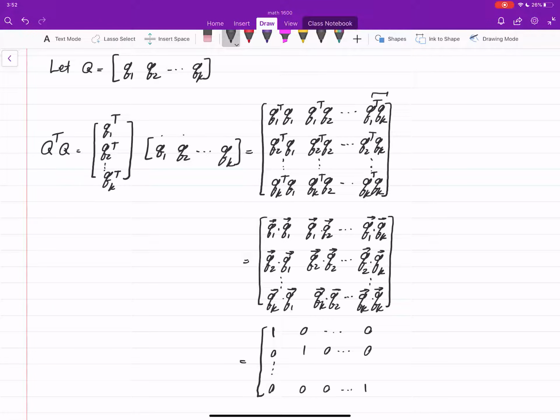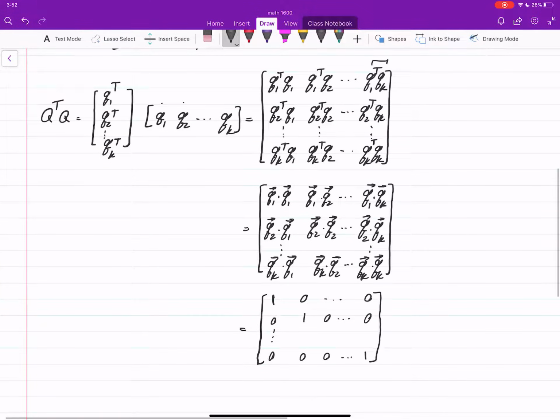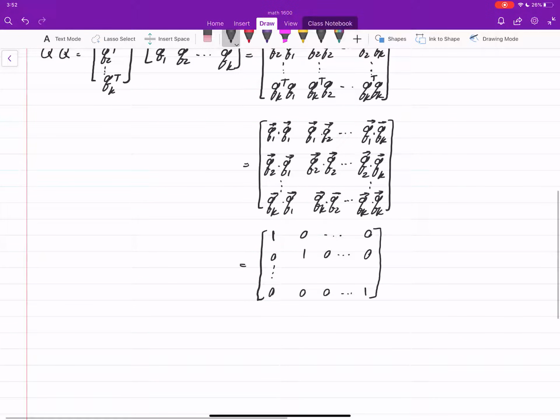What will happen is that Q transpose Q is going to be equal to the identity matrix. And this is exactly what I wanted to mention here, as a theorem.